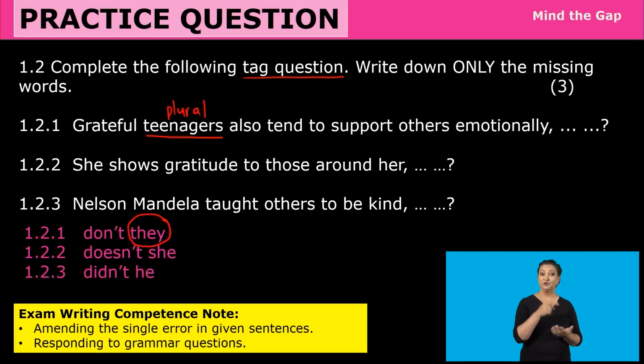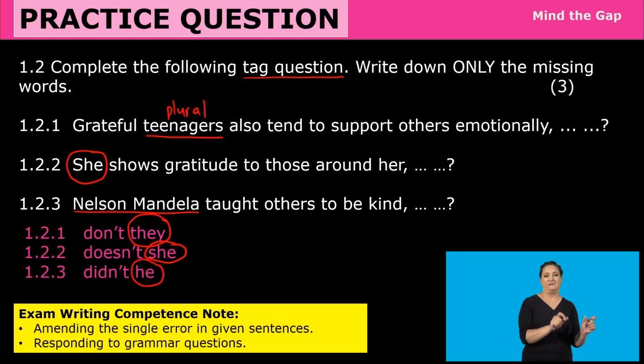She shows gratitude to those around her. Now, I want you to take note, the pronoun here is she, and we've kept it she in the tag question as well. Nelson Mandela taught others to be kind. All right. Now, we know Nelson Mandela is a male figure, so there we have the he to indicate that.